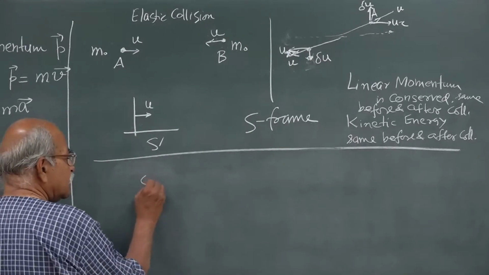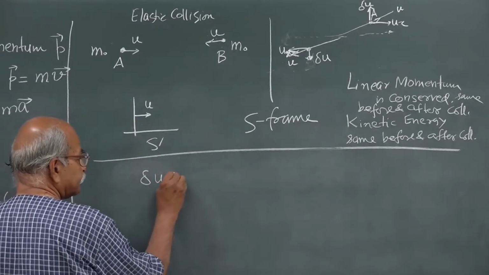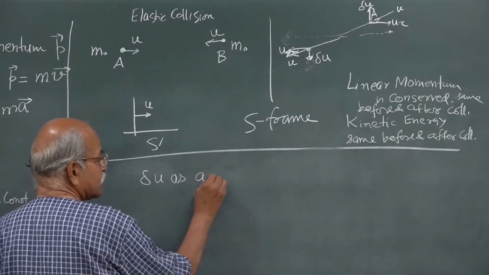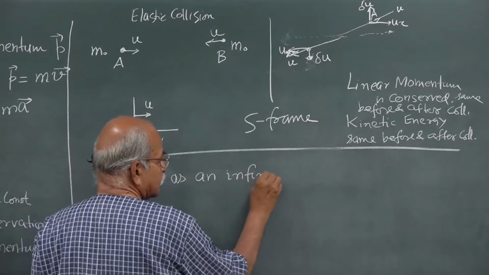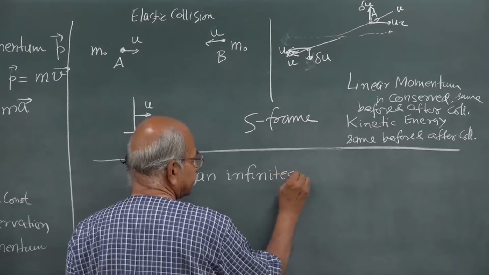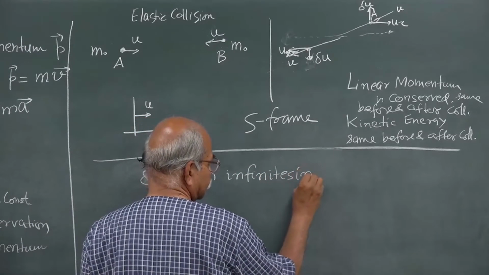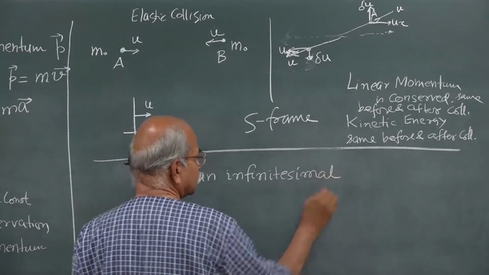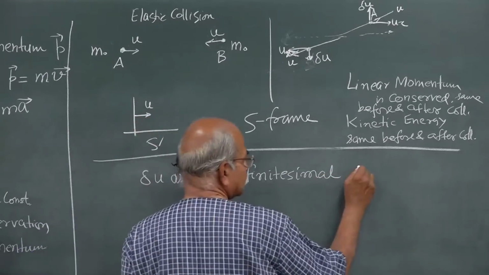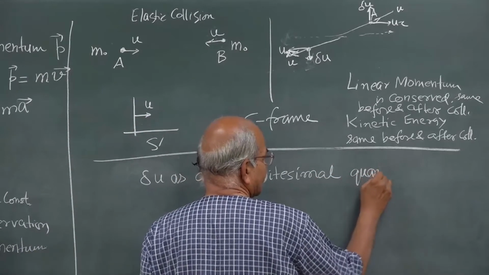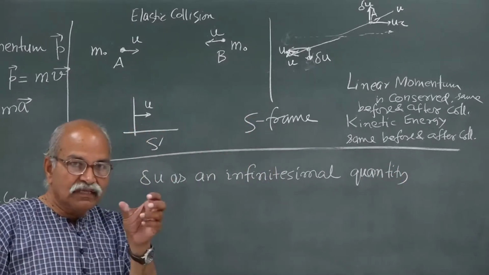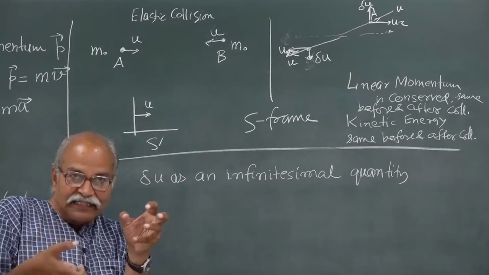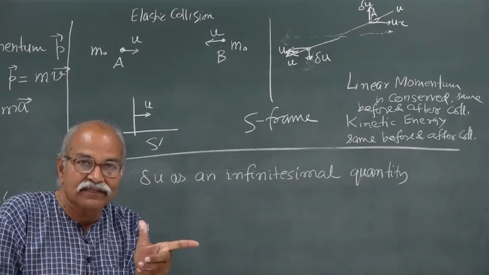Since we have taken delta u as a small quantity, whenever it is added to a finite quantity, we will neglect it.